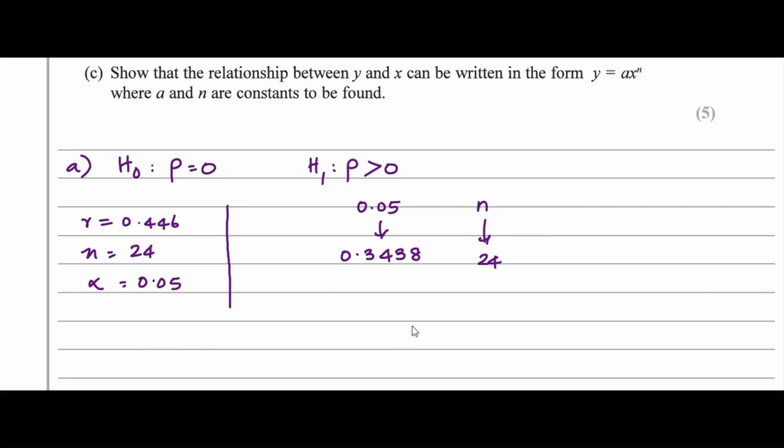I'll tell you the best method of presentation for this PMCC related hypothesis testing questions. Put the R value here, 0.446, and put 0.3438, the critical value that we found out. Now, this means this is greater than that, right?